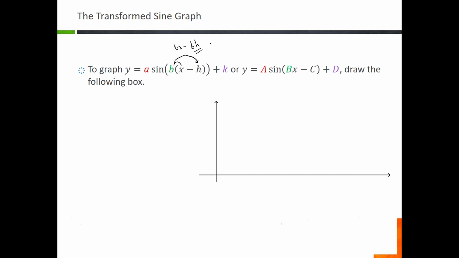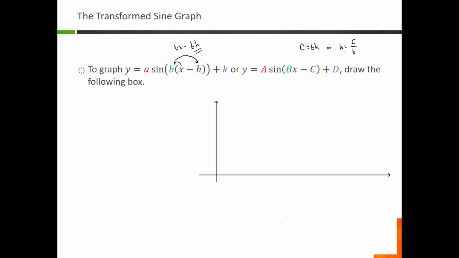So it's this bh that represents C. So C is the same thing as bh. Or if you wanted, you could say h is C over b if you just divide by b. So that just gives you sort of a relationship. They're the same function, just written slightly different. So how do we go about graphing?